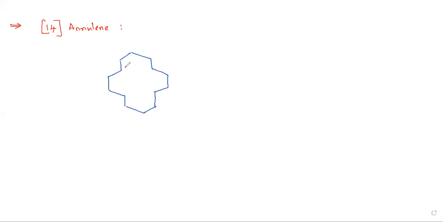This is 14-annulene, with alternate double and single bonds. Look at this.